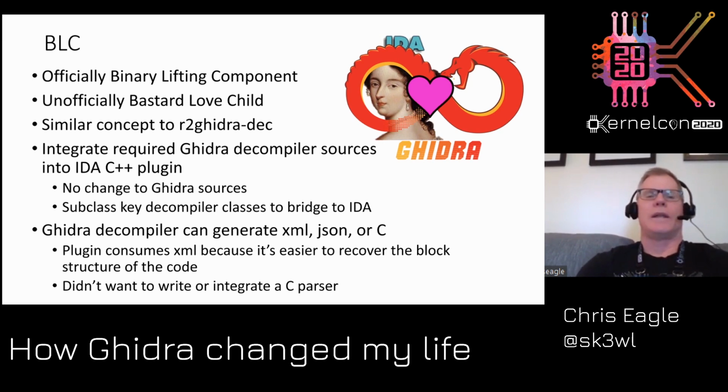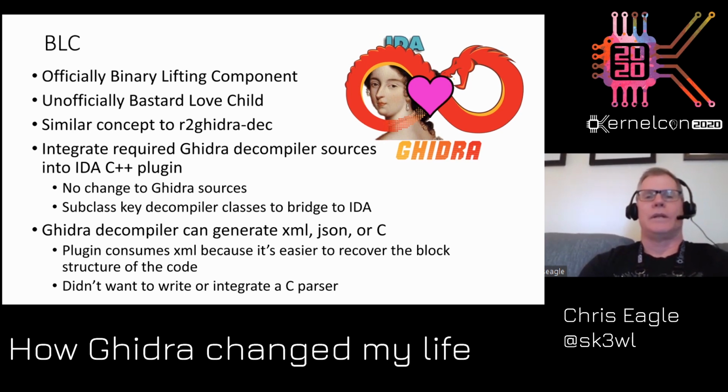In my case, I just borrow the C++ sources from Ghidra. There are no changes to the C++ sources. So as Ghidra evolves, I typically just copy and paste the updated sources into the plugin, and they just work. I don't try to do any fancy GitHub stuff where you can check out a fresh copy of Ghidra. I'm too old to learn new tricks like that. More than happy to hear ideas about how to make that more seamless.